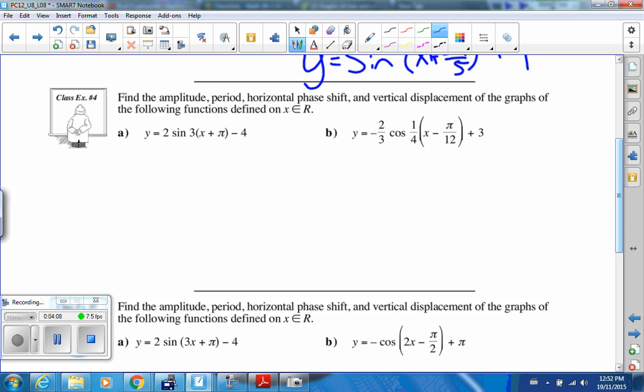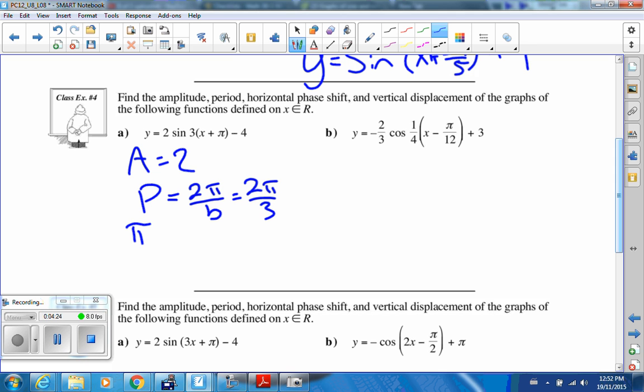So all we have to do is throw it in our calculator, if nothing else. But amplitude is 2. My period equals 2 pi over my b, just 2 pi thirds here. It's been shifted pi left and 4 down. Again, same tricks here.